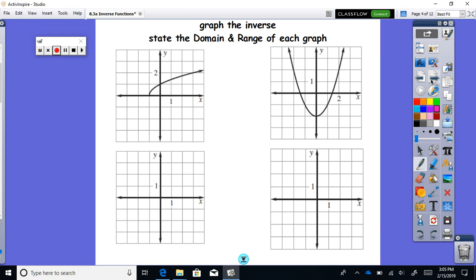So if we graph the inverse, it is kind of hard if you were to just draw the line to try to reflect it. So like this point moves down here, this point moves over here. So it's hard to do that just by looking at the picture. So I like to get a couple points off the original.